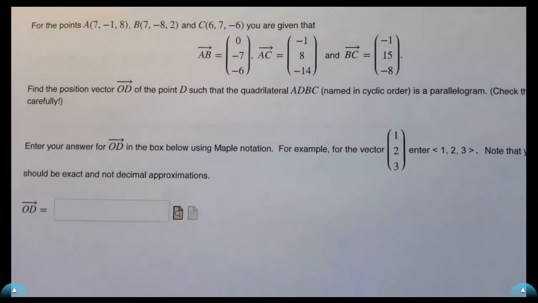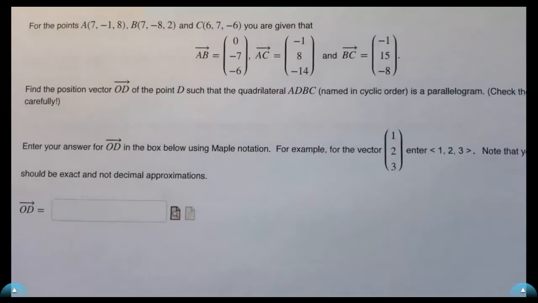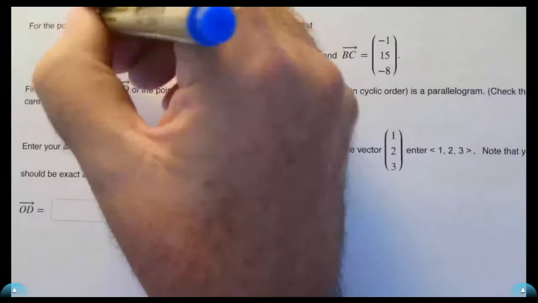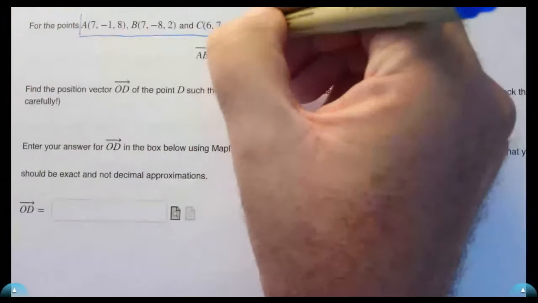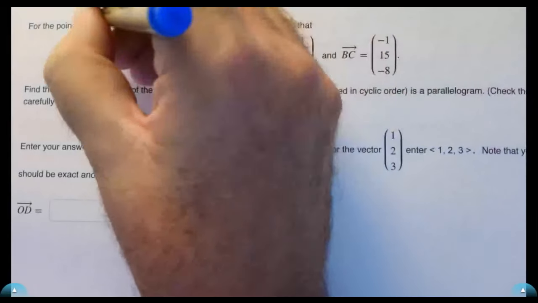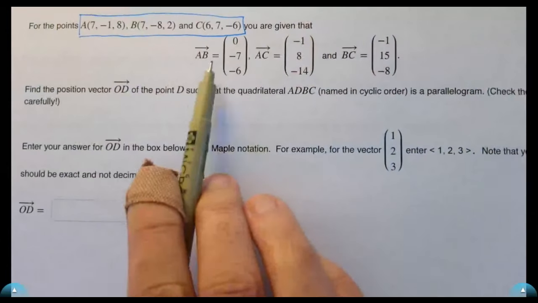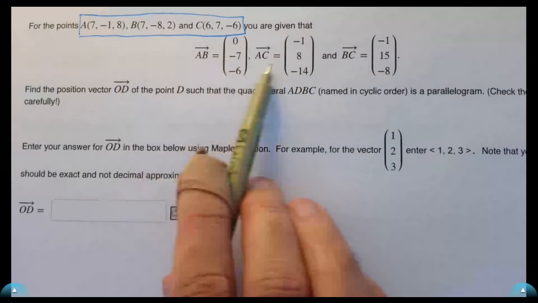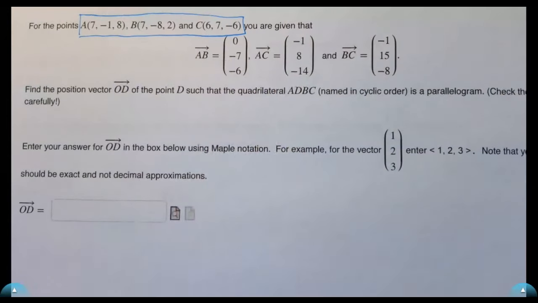So here is another question. And you're given 3 points. And a little bit of information about the vectors joining some of those points. Okay?